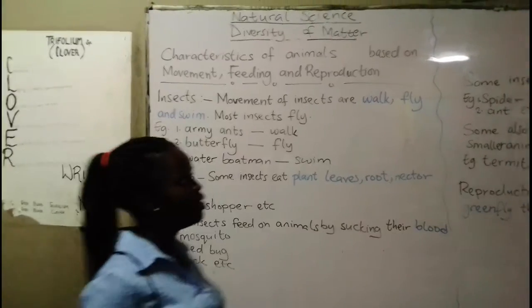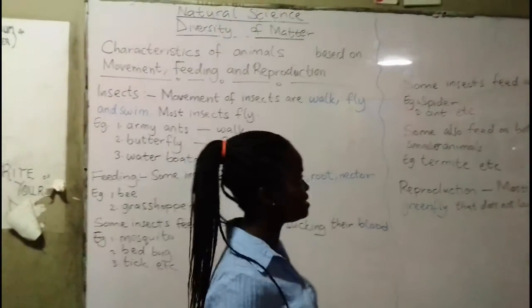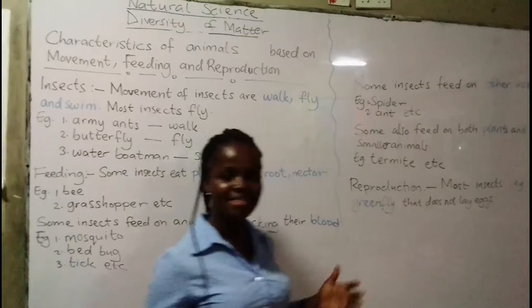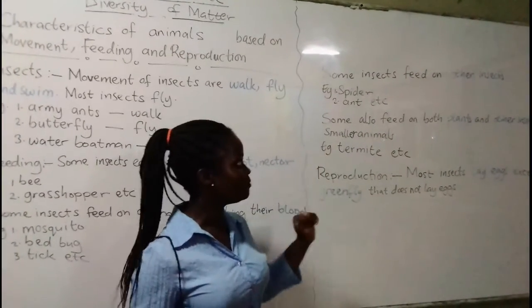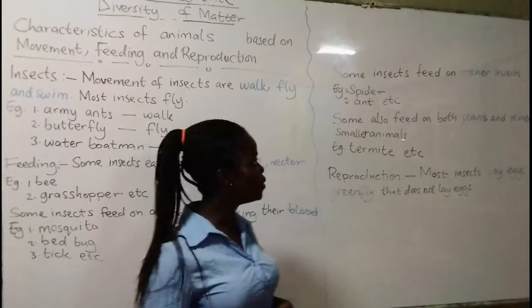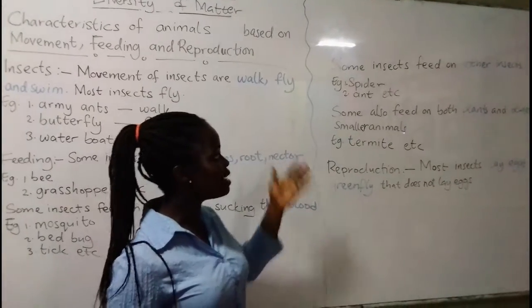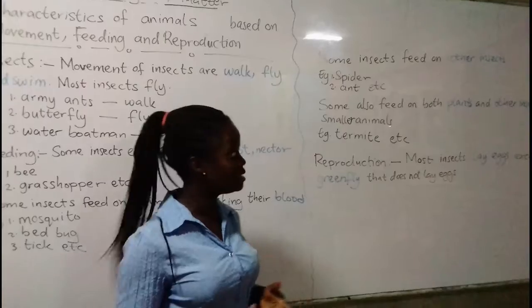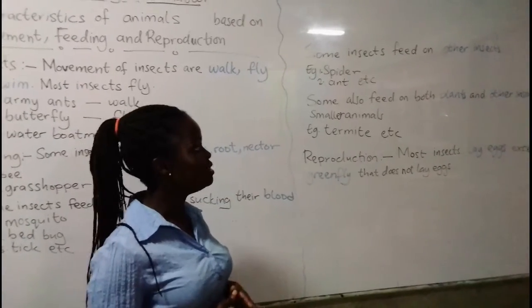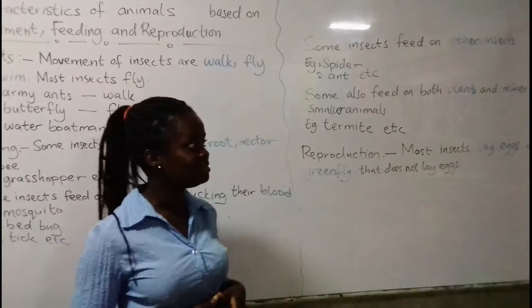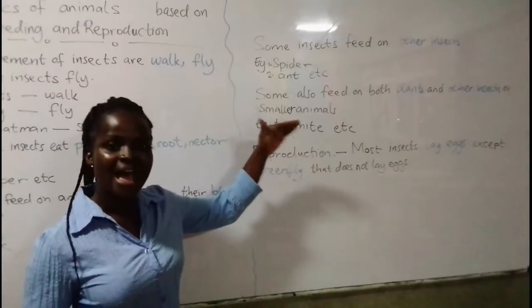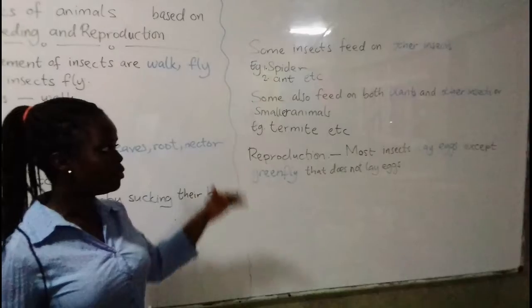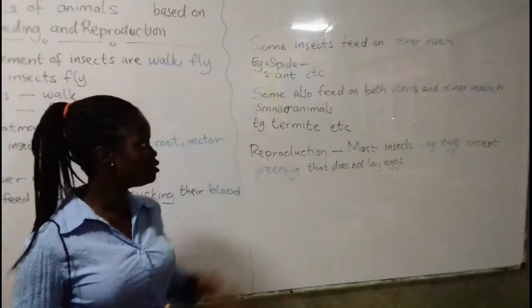Now we have some insects that feed on other insects, and the example is spider, ants, and so on. And we have some that feed on both plants and other insects, and even smaller animals. An example is termites, and so on.